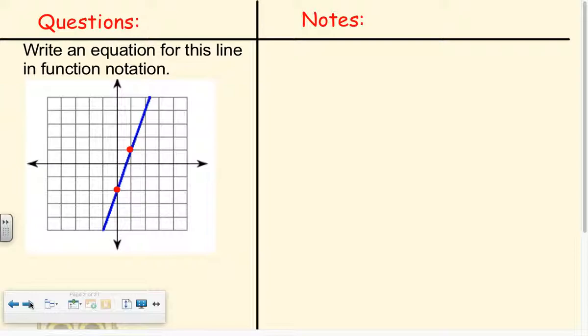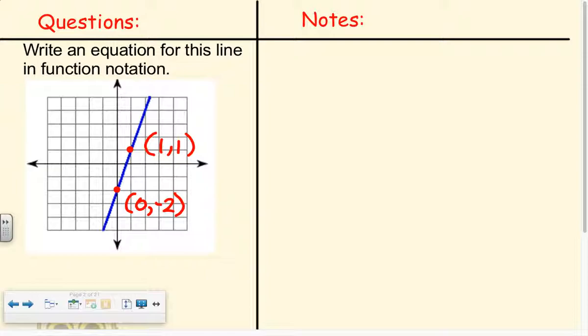Alright, so here's the first line. Write an equation for this line in function notation. If you're taking notes, I'm going to write the two ordered pairs that you should graph in your notes, and that'll help you count the slope. If you have graph paper, definitely use it, because it'll make counting the slope easier.